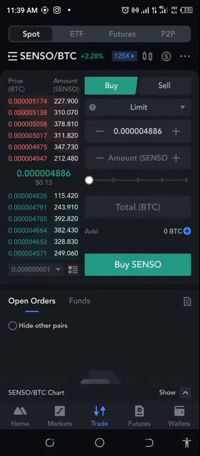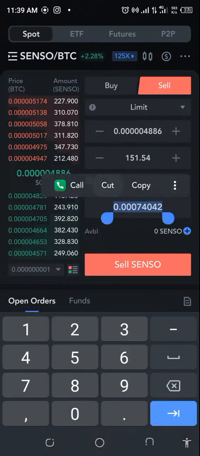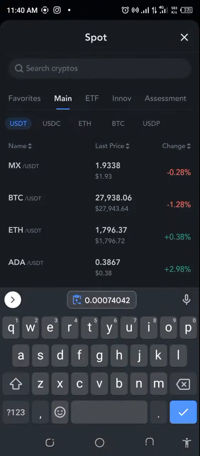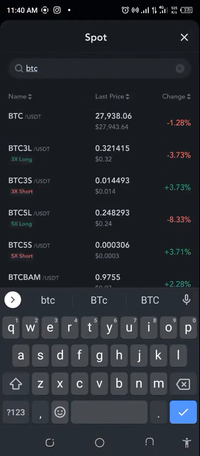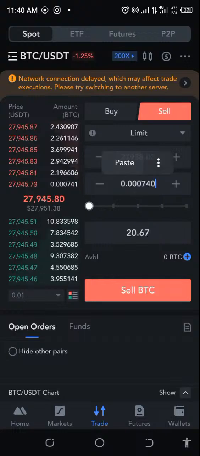So let's quickly change that and see what we get. Okay, so we put that in there, and then we copy that out, and then quickly go over to BTC, and check what we have. So we're selling to BTC, and then we'll see.